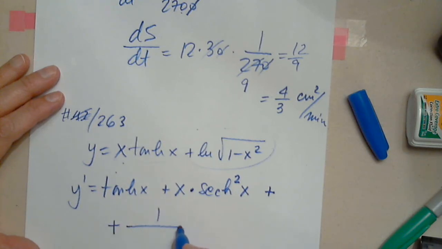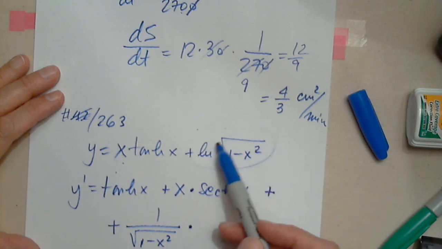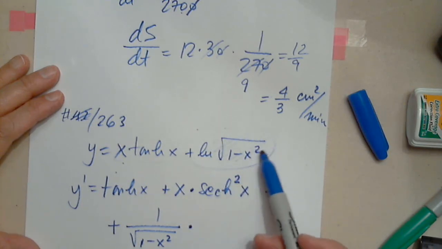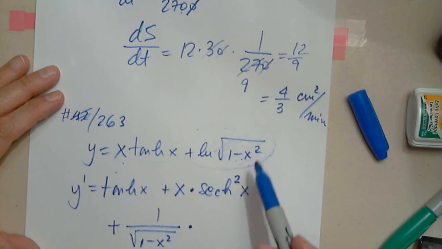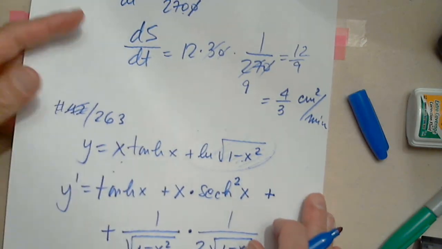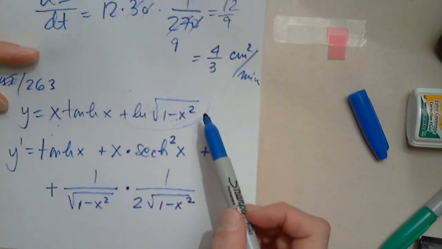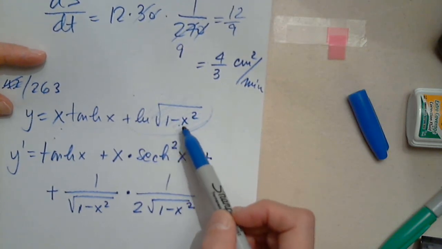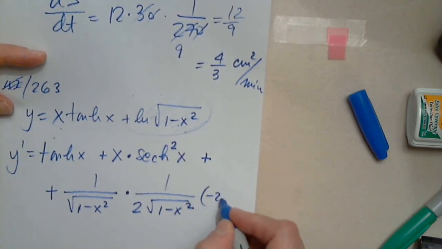It's 1 over the square root of 1 minus x squared, but times the inner function prime. So it's 1 over 2 the square root of 1 minus x squared, and don't forget the inner function prime, which is negative 2x.